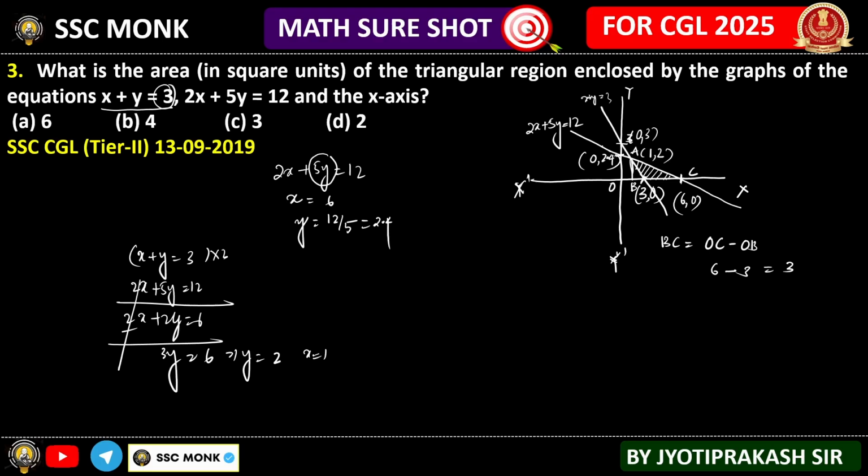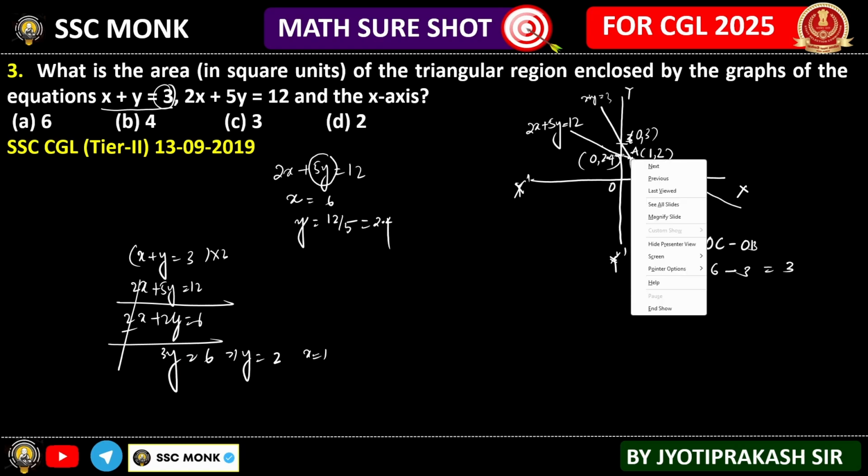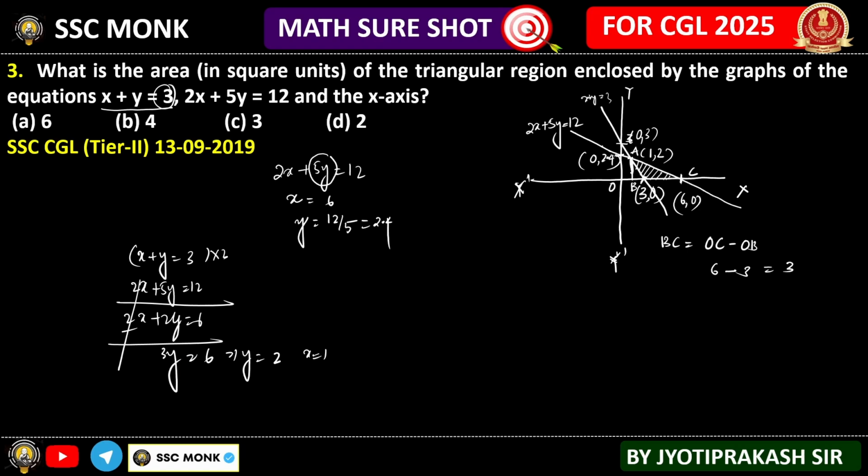Now understand here. This particular point is 1 and 2. I am talking about this height only. This height means the distance it is covering in the y-axis. What is the distance it is covering in the y-axis? 2.